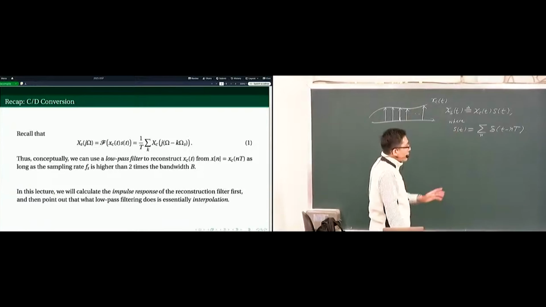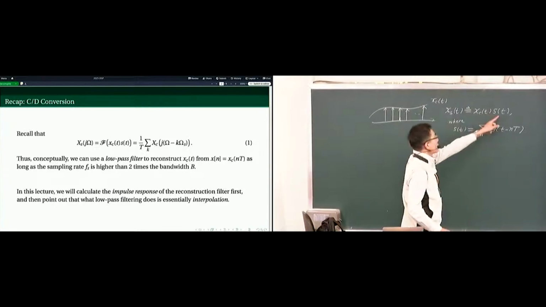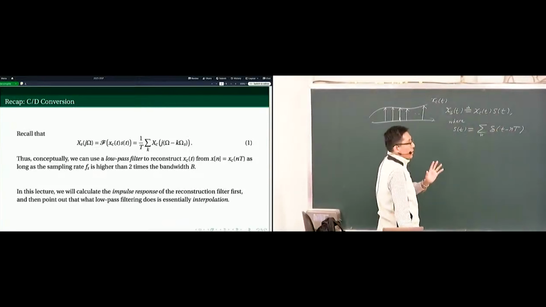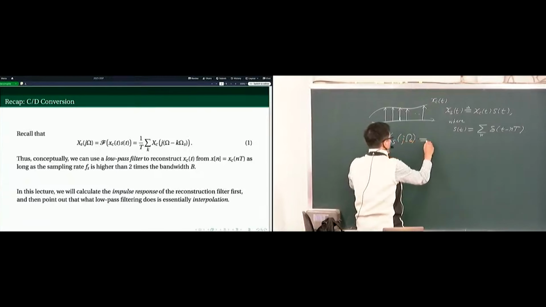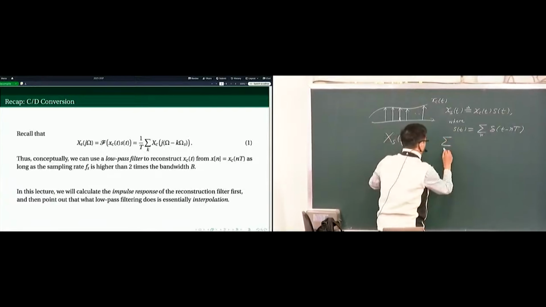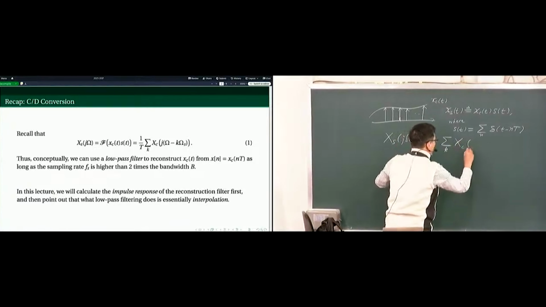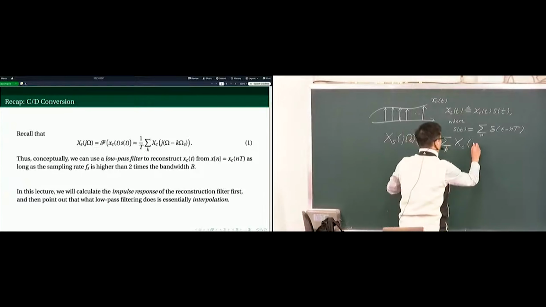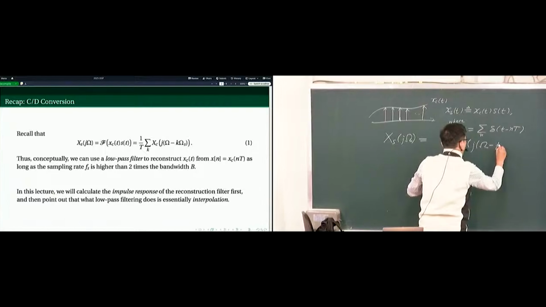Last week we spent some time to convince ourselves about the Fourier transform of the result when we multiply these 2 signals in continuous time. The result is going to be a spectrum denoted as big X sub s, and it turns out that it will be equal to an infinite summation over this index k of the original spectrum, shifted to the right and to the left: X of omega minus k times omega sampling rate, not n times, k times.